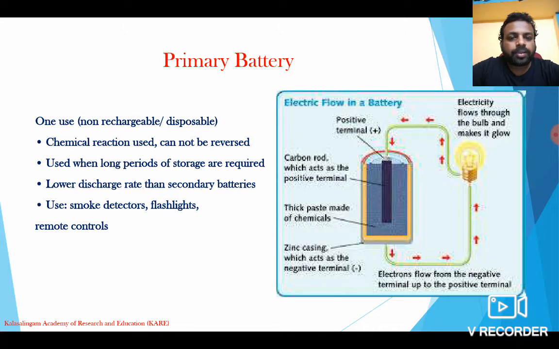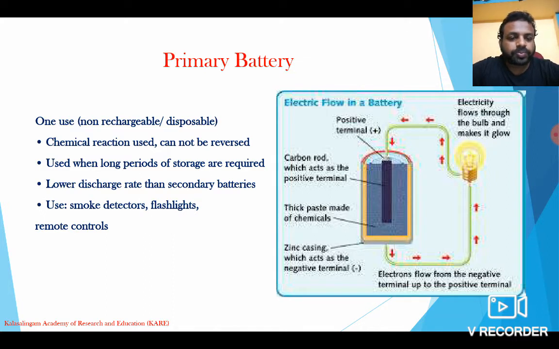The primary battery mostly has a liquid, gel, or paste type of electrolyte, and it also has a positive electrode, a negative electrode, and electrolyte separators. These are the components in batteries as we discussed in the last video.